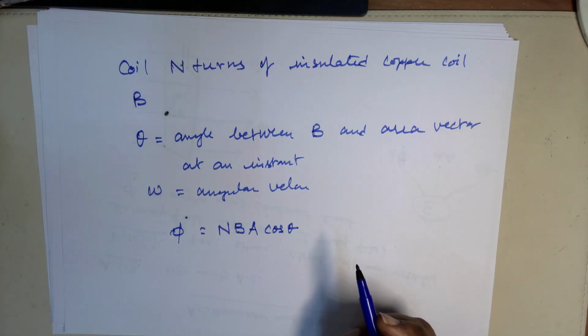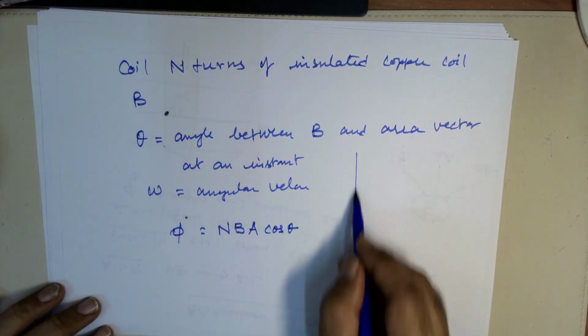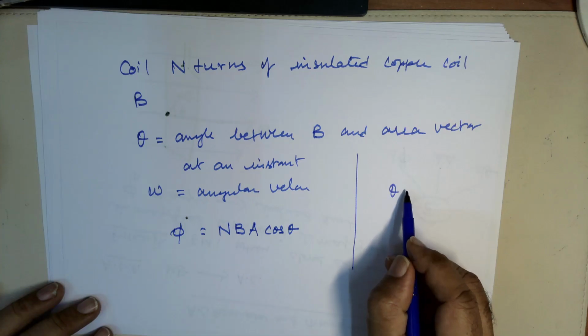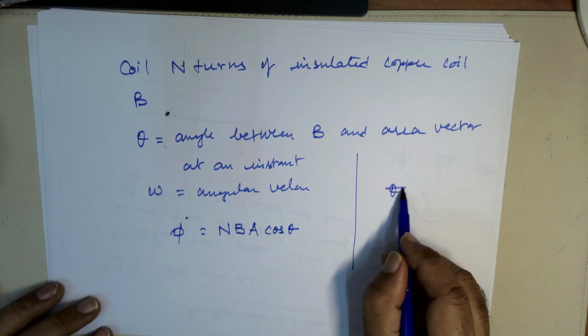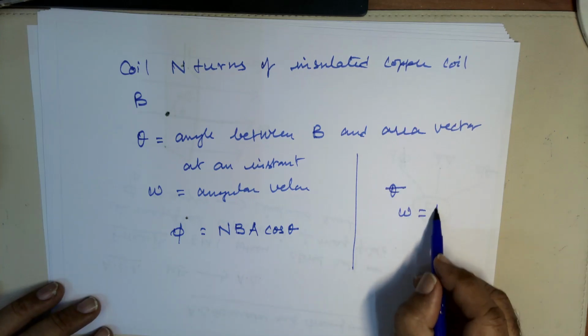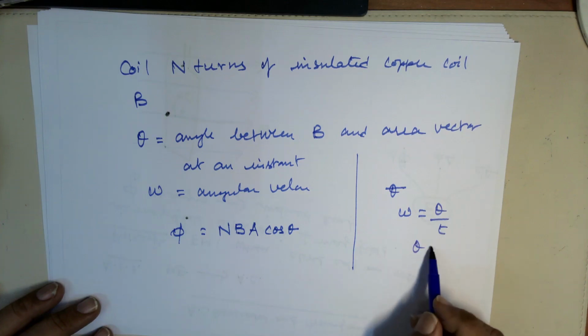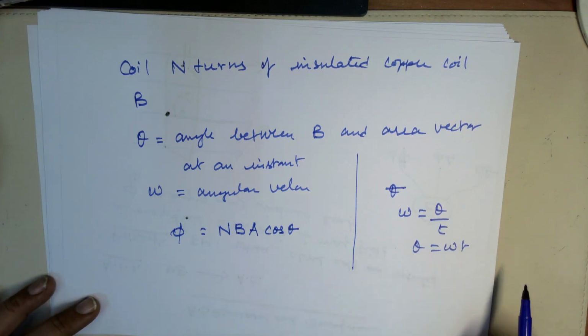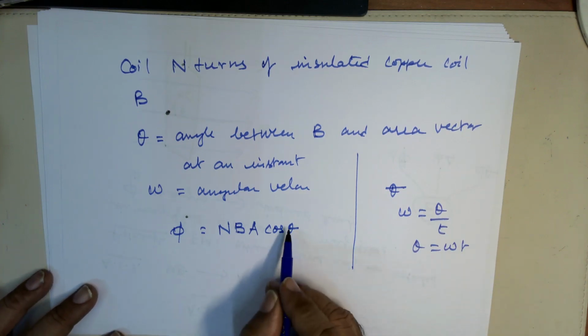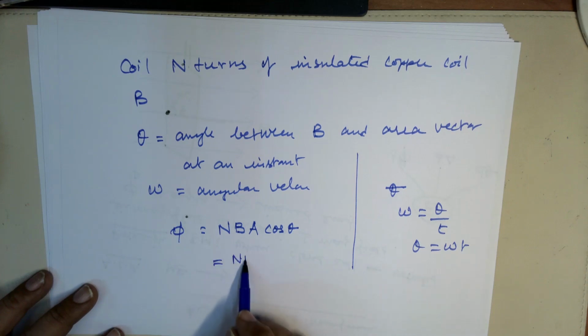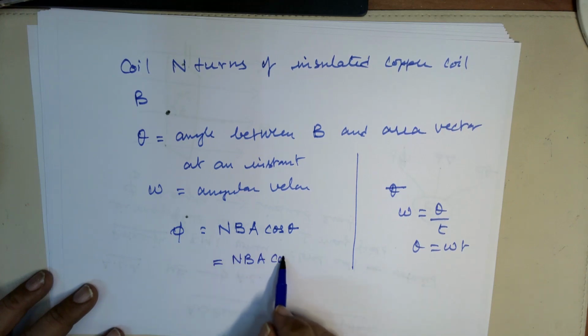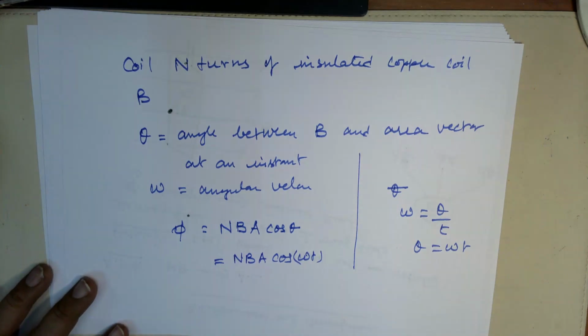And you know very well, what is omega? Angular velocity is theta by t. So theta can be replaced by omega t. So you can replace this: N, B, A, cos. Instead of theta, you can put omega t as a whole.